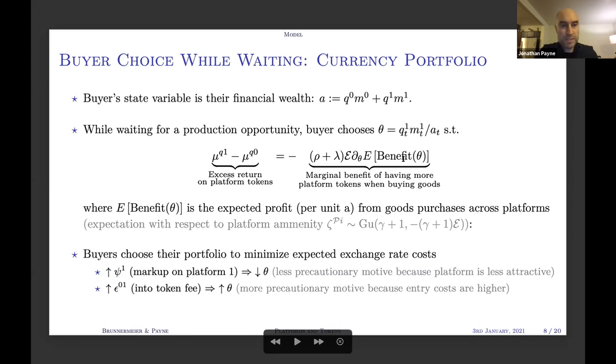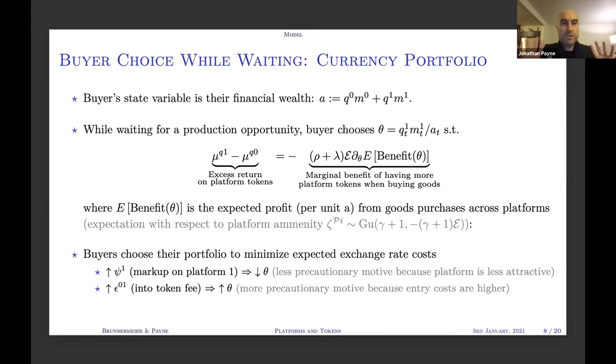I'm not going to specify everything about this benefit function, but what's important to understand here is it's the expected benefit where we take this expectation with respect to the platform amenity shock that they don't know about.